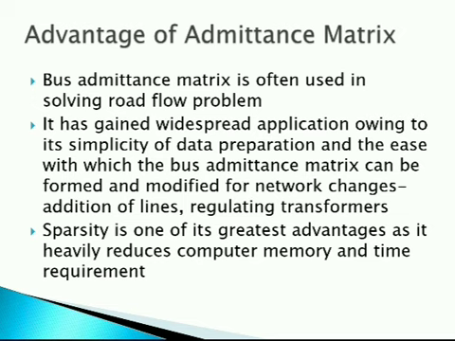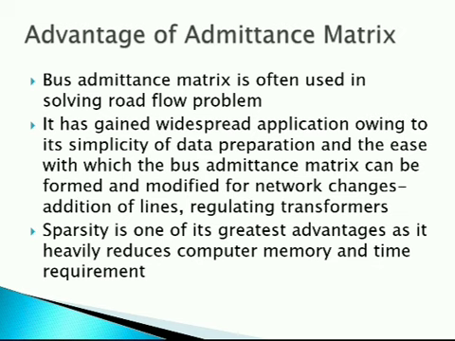So again, we'll talk about the advantage of the admittance matrix. The bus admittance matrix is often used in solving the load flow problem. I'm mistaking it as load flow, so it will be a load flow problem. It has gained widespread application owing to its simplicity of data preparation and the ease with which the bus admittance matrix can be formed and modified for network changes, addition of line, and regulating transformers.